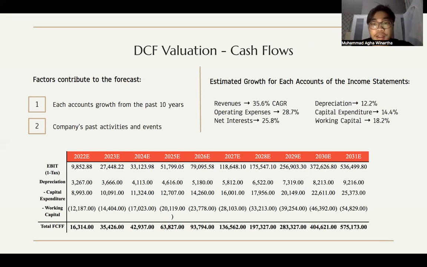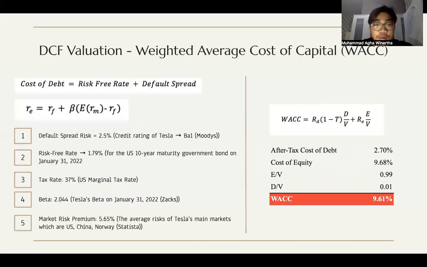After knowing the future cash flows of the firm, we're going to calculate the WACC, or weighted average cost of capital, which consists of cost of debt and cost of equity.